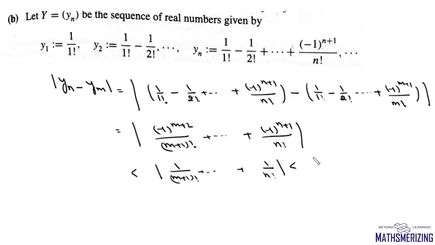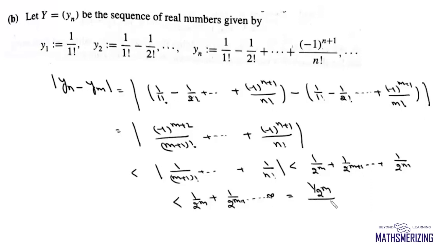Now it will be less than 1 upon 2 to the power m, 1 upon 2 to the power of m plus 1 up to 1 upon 2 to the power of n minus 1, and it will be less than 1 upon 2 to the power m, 1 upon 2 to the power of m plus 1 up to infinite, which is a upon 1 minus r, which is 1 upon 2 to the power of m minus 1.